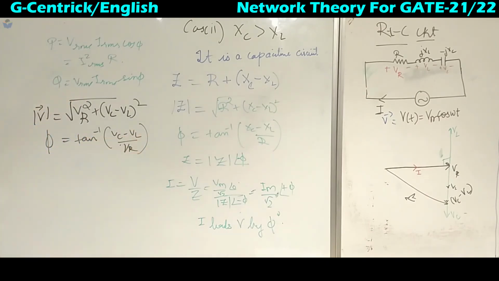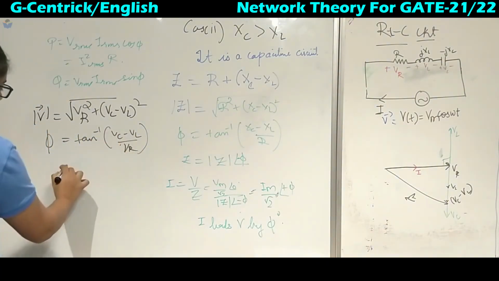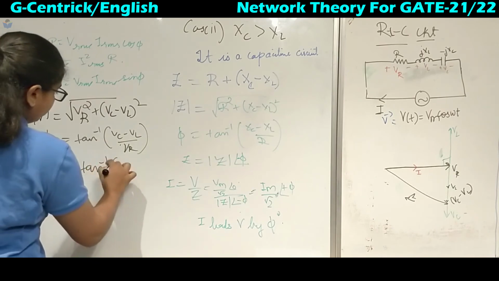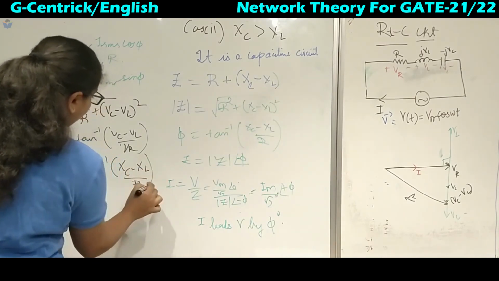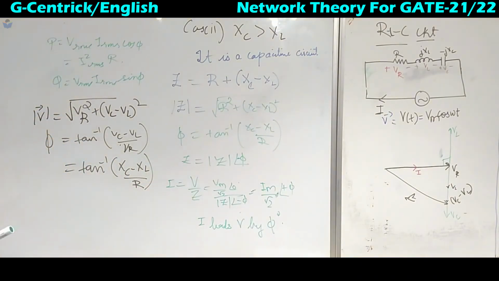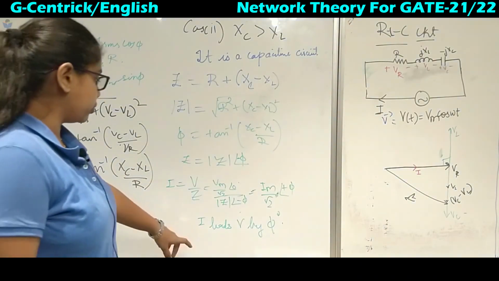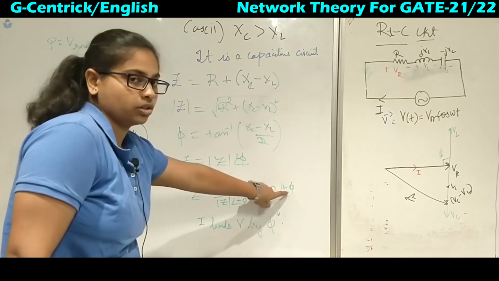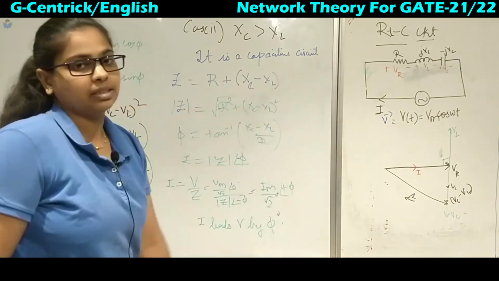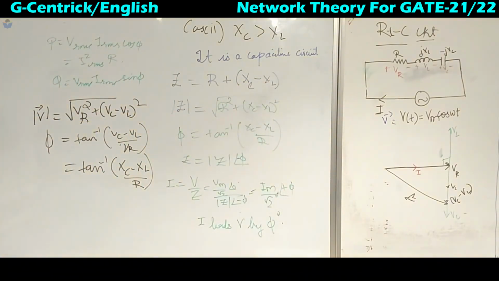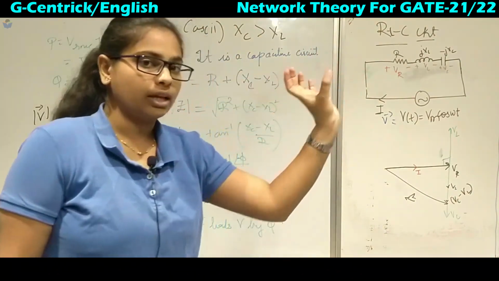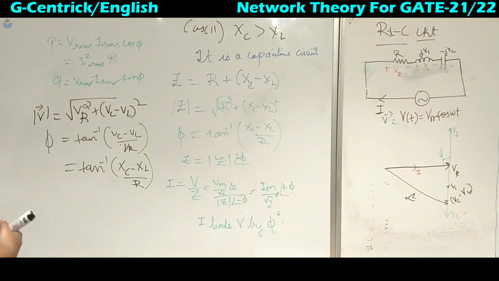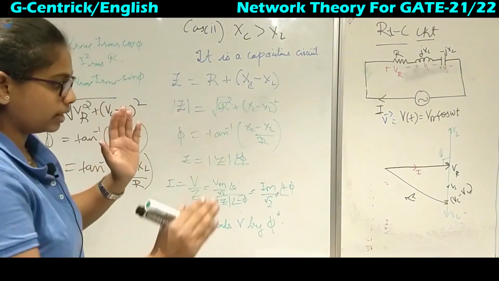Since it is a series network, I is common, so it will be (Xc minus XL) upon R. Current will be positive, so you have the positive current leading in the capacitive network, which we saw in the previous lecture when we studied the capacitive network separately. So this is all about Xc greater than XL.